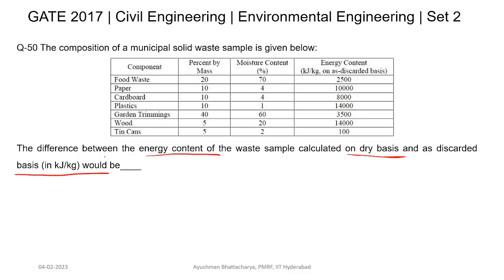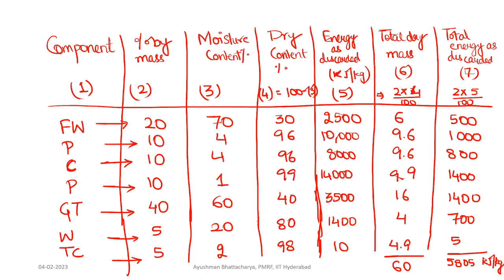So on a dry basis means that we have to calculate the total energy when the whole mass is dry. Okay, but as of now only 60% of the mass is dry, so we have to calculate for the whole mass. For 60% dry mass, the total energy as discarded is 5805. So using the unitary method, for 60% dry mass the energy is 5805 kilojoule per kg.